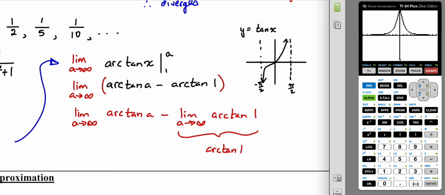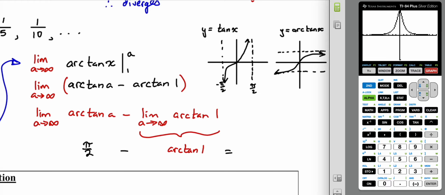Arctan of 1, well, somewhere along this graph, pi over 2 is about 1.57-ish. You say that 1 is right there. That's going to correspond to a particular angle, and you want to know what that angle is. You want to be thinking about what angle has a tangent value of 1 within the appropriate domain.